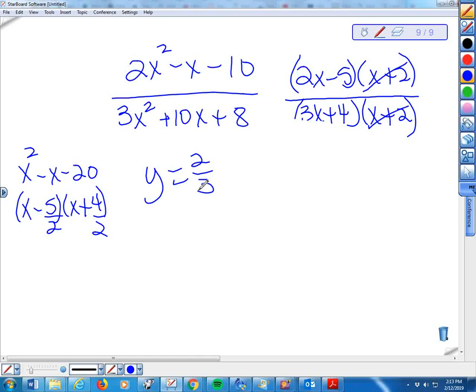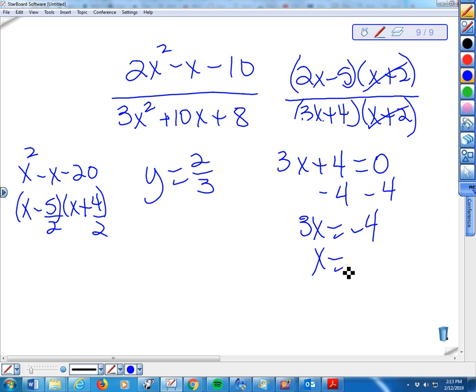Negative. Right? I'm going to figure out where this is equal to 0. Okay? So it is the line. So this is my horizontal. My vertical asymptote happens at x equals negative 4/3.